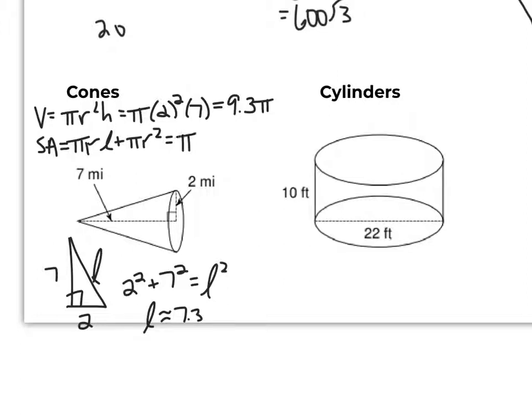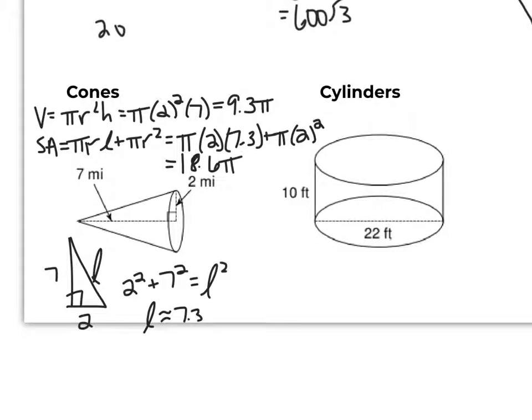Plug it in. So pi times 2 times 7.3 plus pi times 2 squared. You can treat pi like an x in terms of just adding the coefficients together, and when I do that, I get about 18.6 pi.